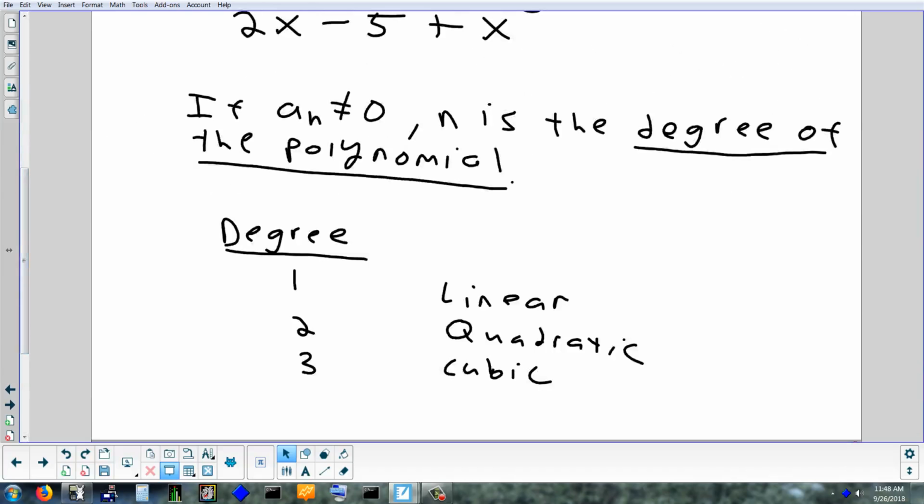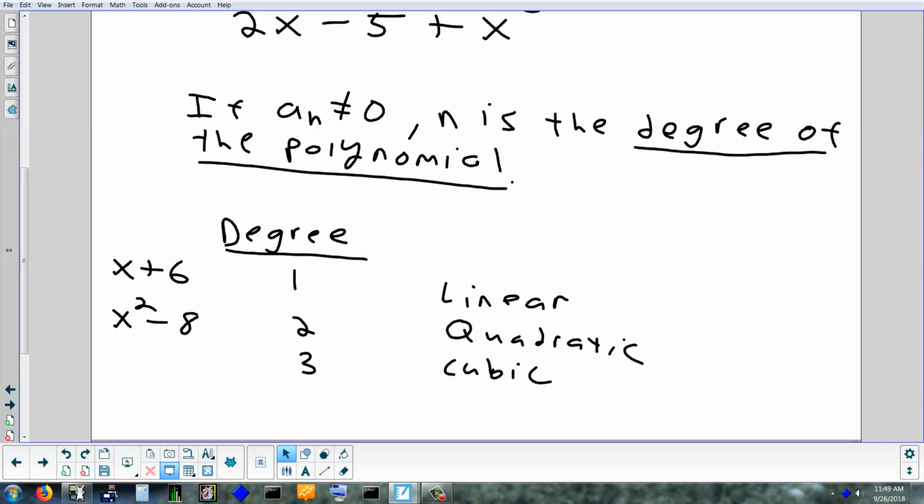Some polynomials, when they have a certain degree, have special names. The first 3 is what we generally use names for. So if the degree is 1, like something like x plus 6, that's a linear polynomial. If you graph it, it's a line. X squared minus 8, that's a quadratic polynomial.